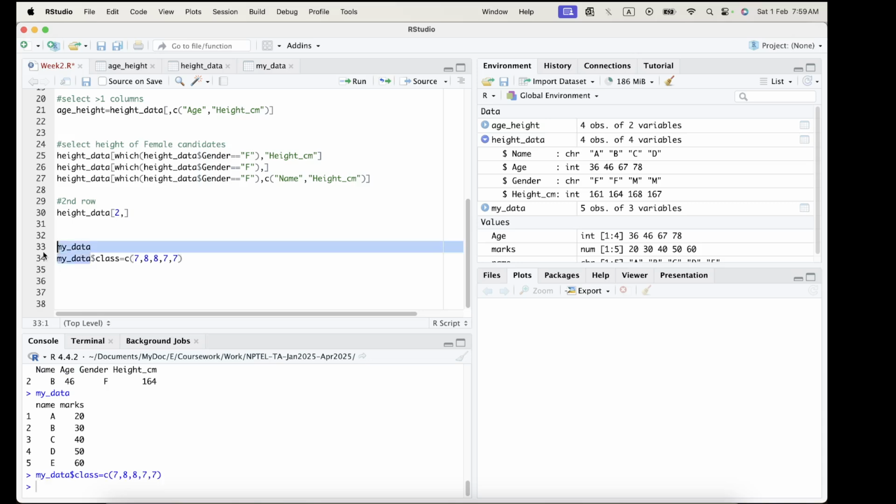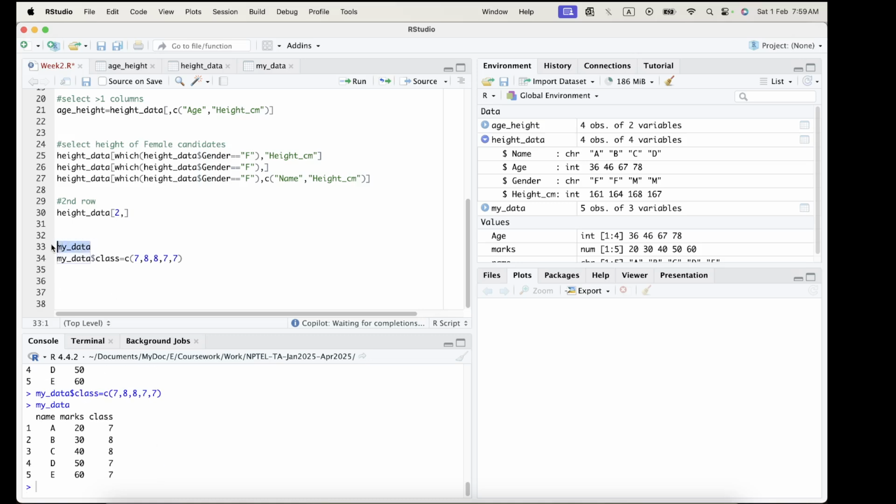Okay, so now when I run my data, I am going to see what is happening. Yes, so now I have 3 columns: name, marks, and class.